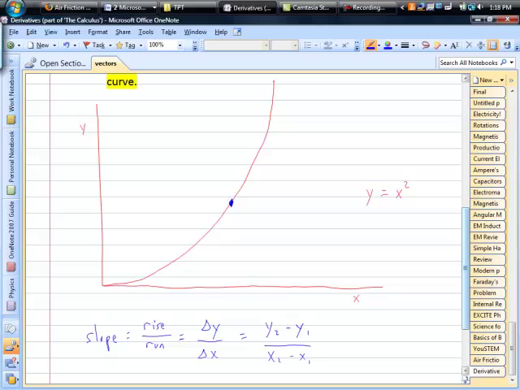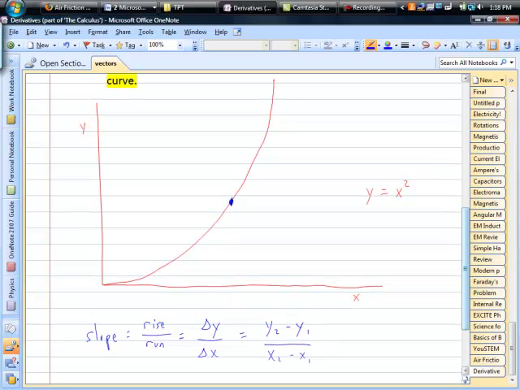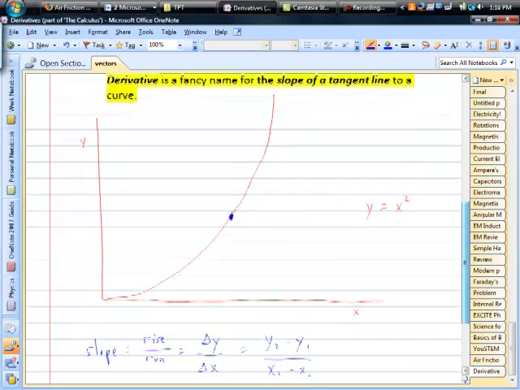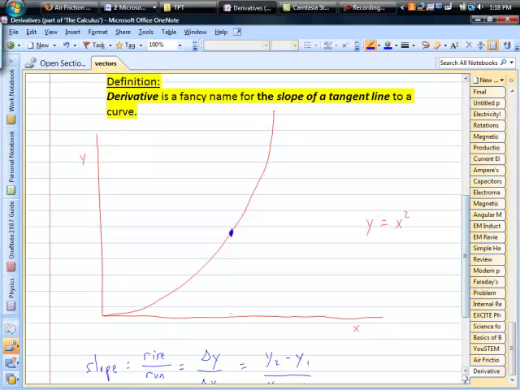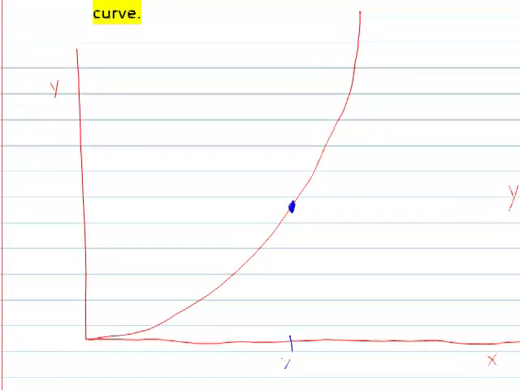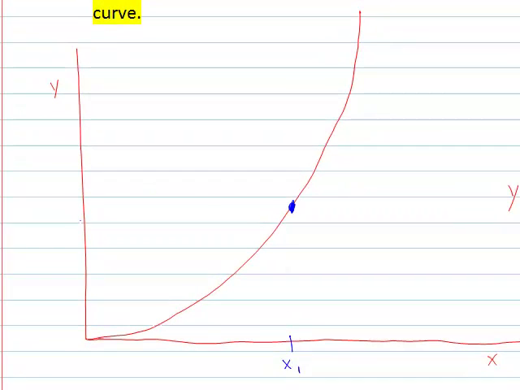Okay, so what makes a derivative different? Well, because we're talking about curves, really. So, in order to find slope, since we do need 2 points, I'm calling this point x1, and therefore y1 is its y-coordinate. For this point, we need a second point if we want to figure out a slope.